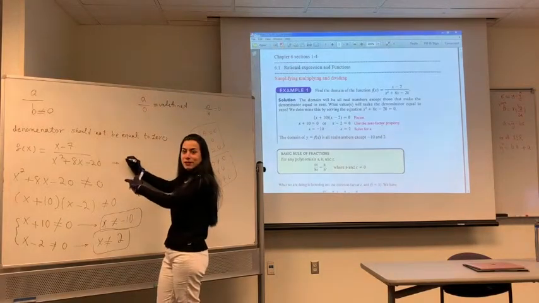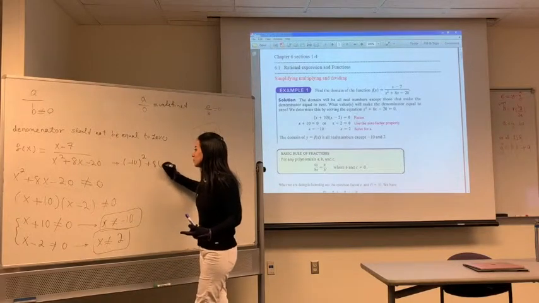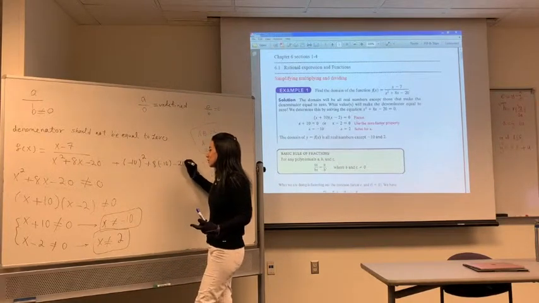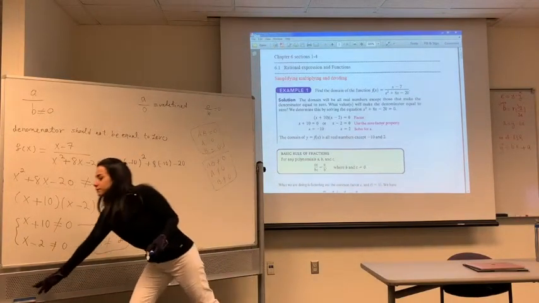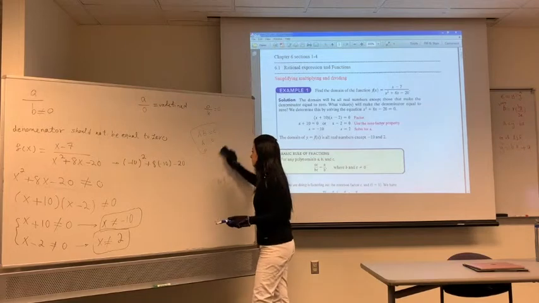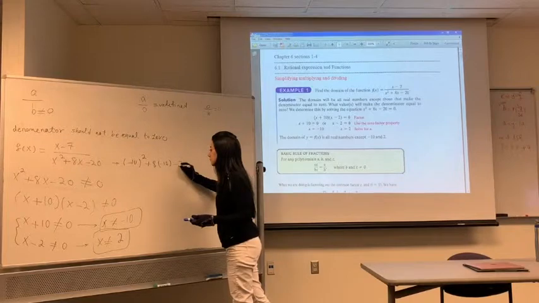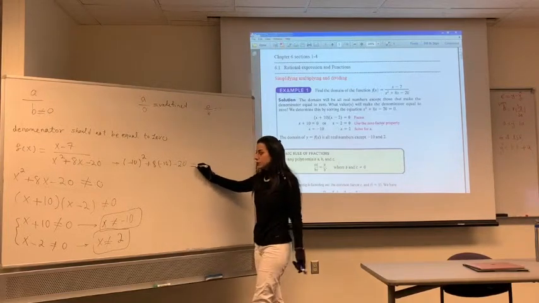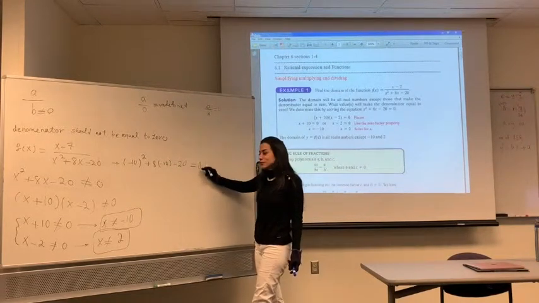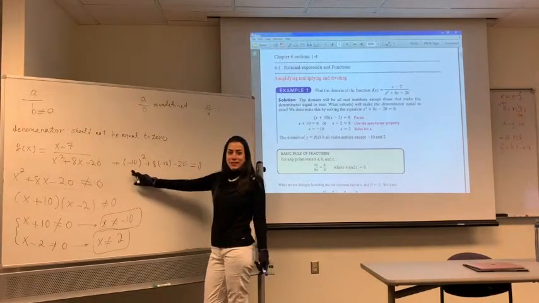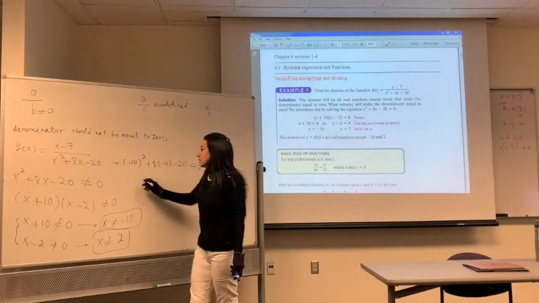Instead of x here, let's put negative 10: negative 10 to the power 2, plus 8 multiplied by negative 10, minus 20, equals 0, right? So we don't want negative 10 in the denominator because that makes it 0.